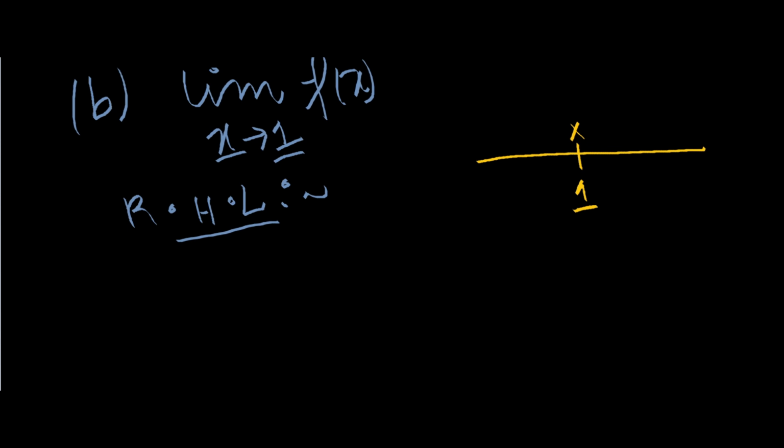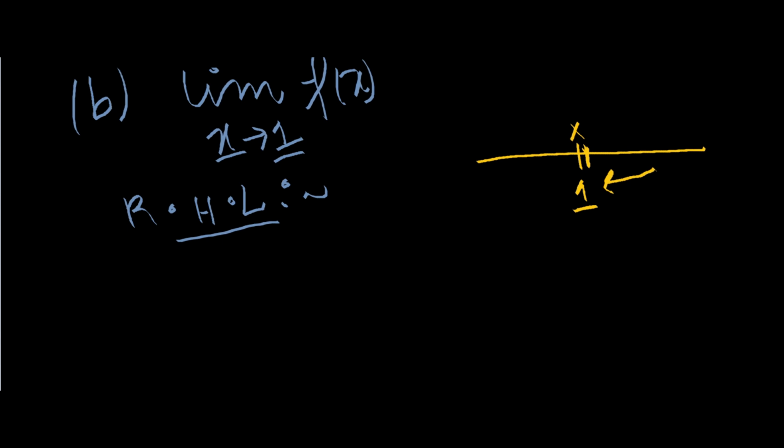The right hand limit means that x approaches 1 from the right side, so x is very close to 1 right over here, from the right side, or it may be even closer to 1. This is the limit approaching from the right side. So as you can see here, x is greater than 1.